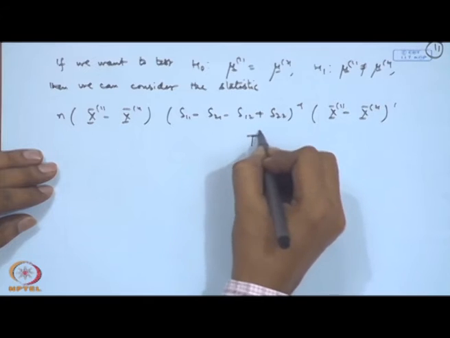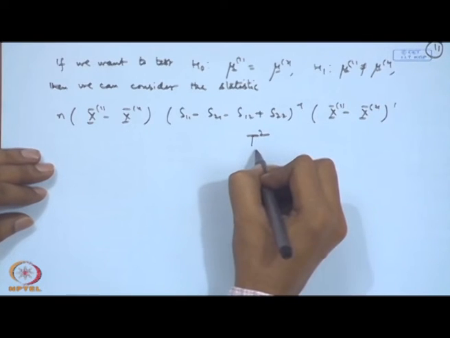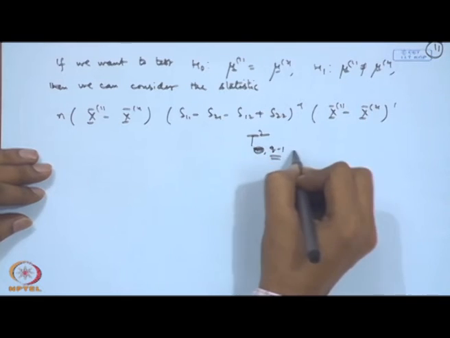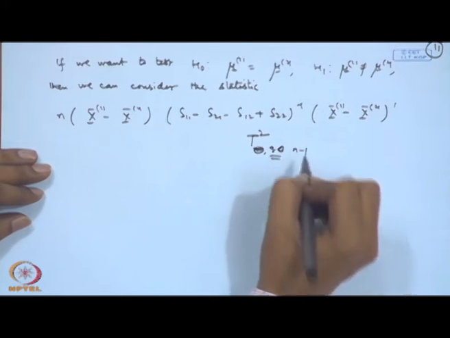So, this will be based on Hotelling's t square on q and n minus 1.